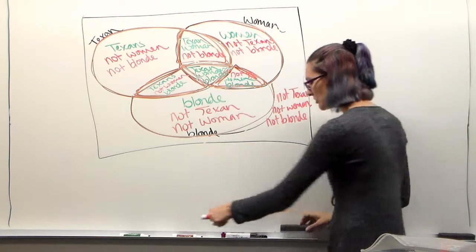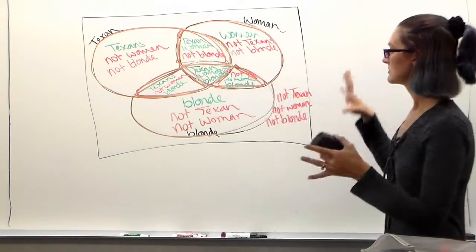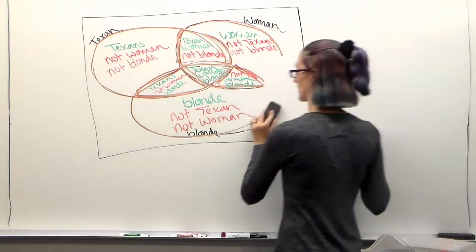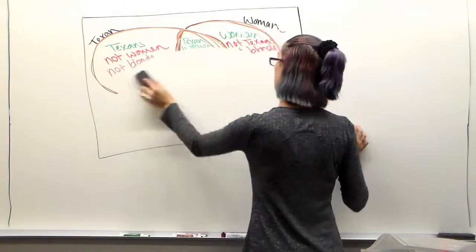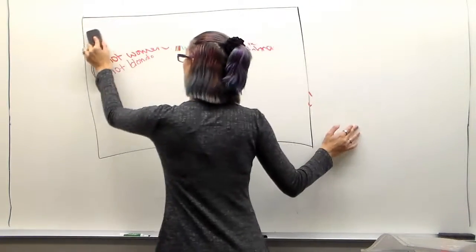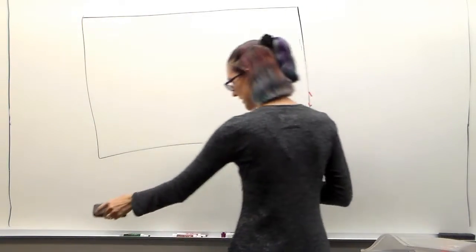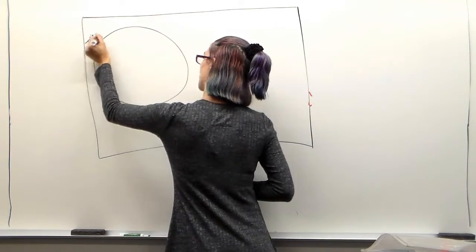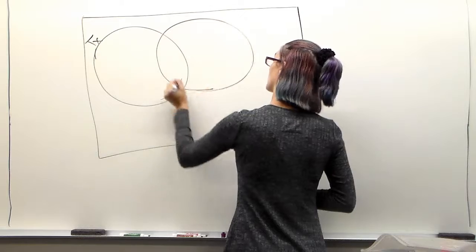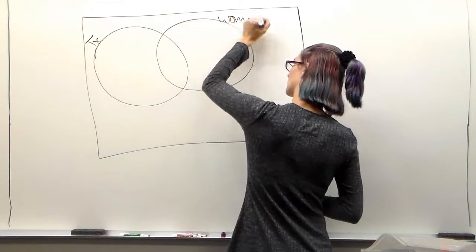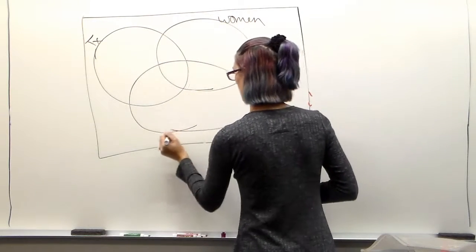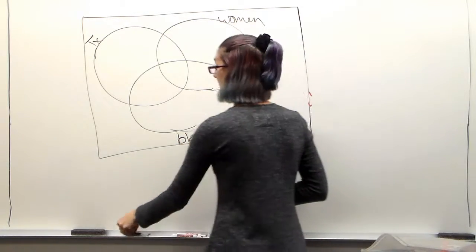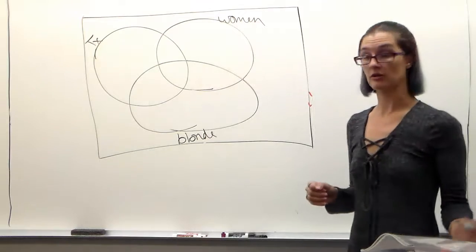I'm going to show you one more way, without breaking it down quite as much as I did, to do the exact same thing. I want to show you the same thing in a different way to organize your thoughts, a different way to do the procedure. So if we have Texan, women, and blonde, I'm going to start with just the Texas circle.